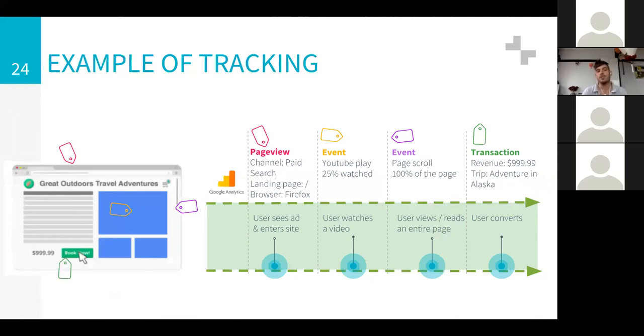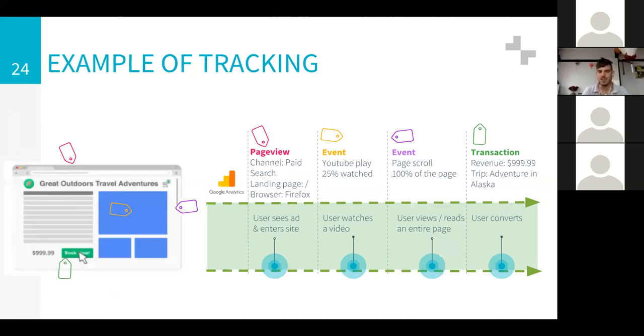And then the user is going to watch the video, my yellow tag, and as soon as the user is watching that, I'm implementing an event tag that will send me information on the percentage of the video that the user watched. So in that example, after 20%, I send an event saying he has seen at least a fourth of my video.